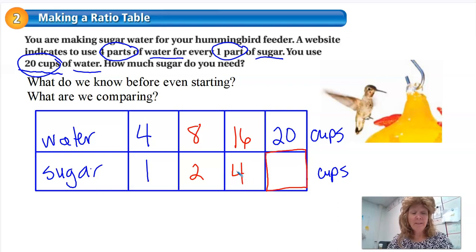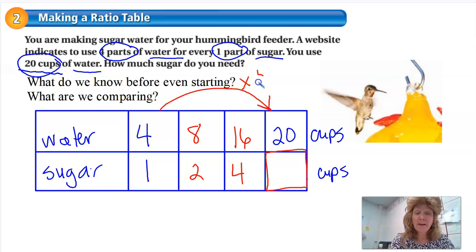You can see I'm getting there little by little, but it kind of makes sense to just jump across the whole table. If I go from 4 to 20, it's a times 5 pattern. So I do the same thing from 1 to the blank number of cups, multiply by 5. So I'm calling these swoops. So all in one swoop, I can get from 4 to 20, which means it's 1 times 5, which is 5 cups.